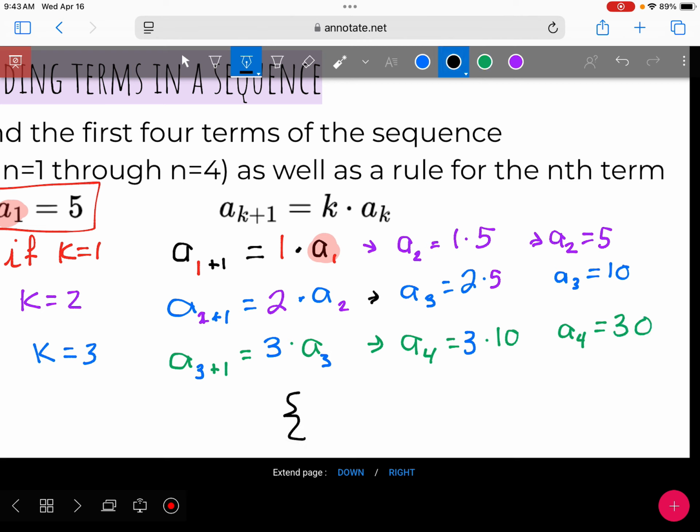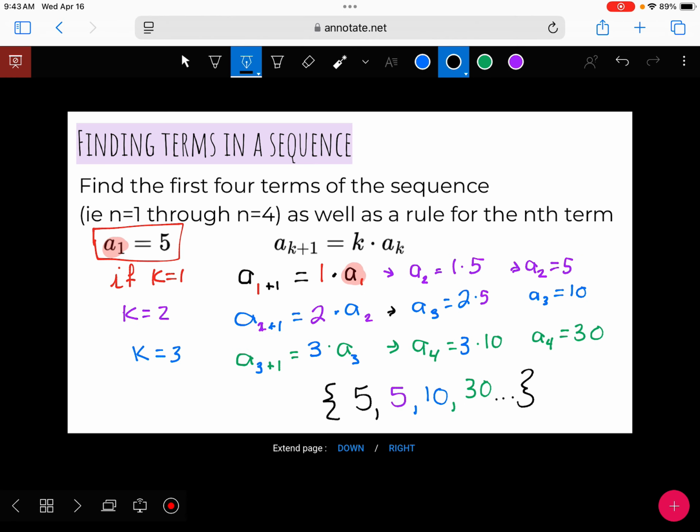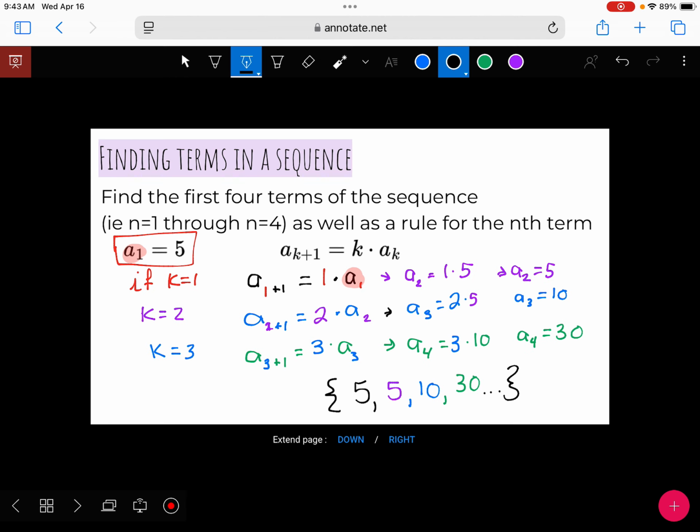So our sequence here is a sub 1 was 5, a sub 2 was 5, a sub 3 is 10, a sub 4 is 30. And it would continue on. The equation for this one is kind of gross. It involves a factorial, because it's giving us kind of a Fibonacci sequence-esque vibe.